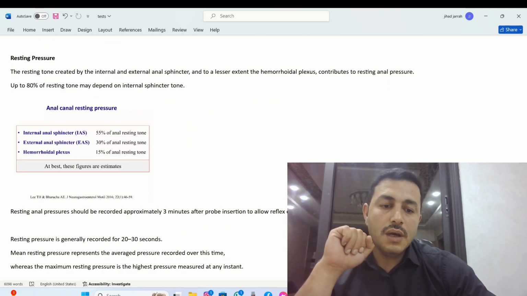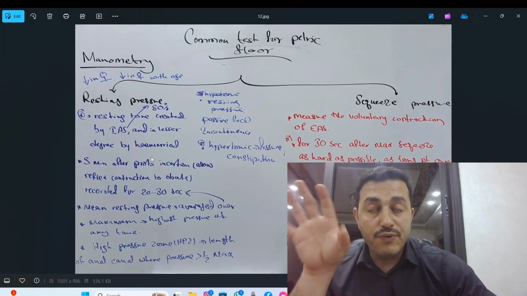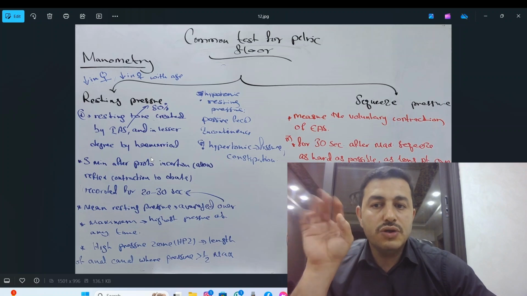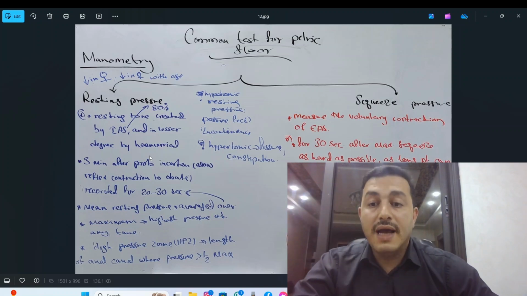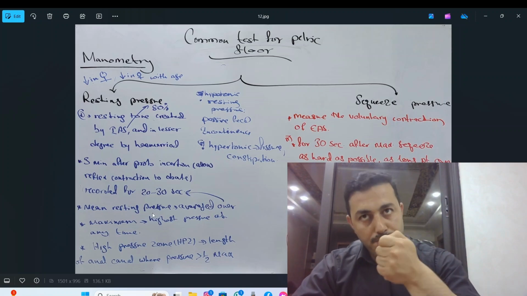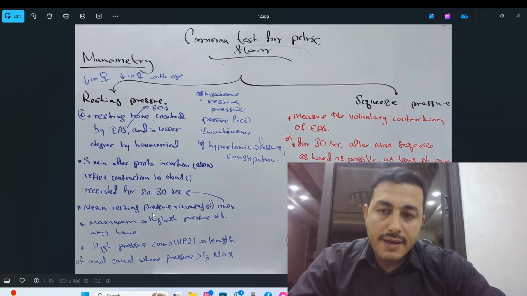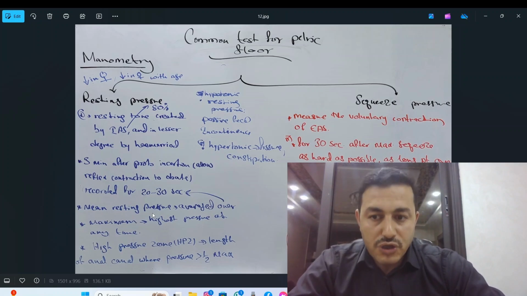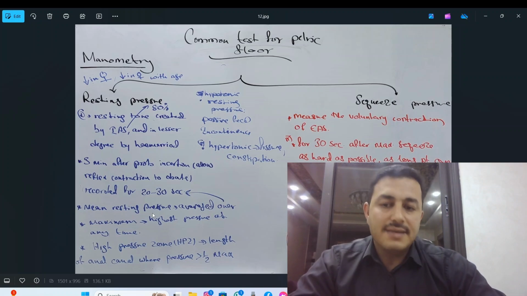Okay, of course we said first thing before we measure the resting pressure, we should give the patient time to relax. So after 3 to 5 minutes, and then we record. After proper positioning of the probe, we start recording the pressure over approximately 30 seconds.